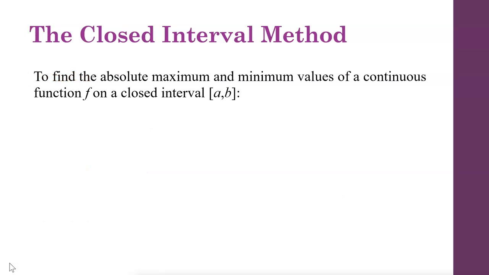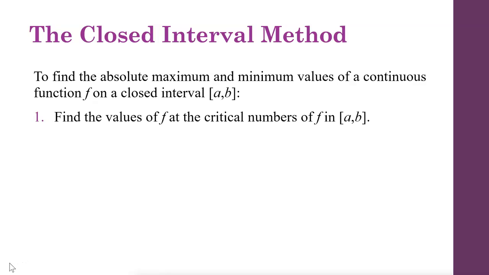So combining the extreme value theorem and Fermat's theorem gives us a method of trying to find the absolute maximum and minimum for a function on a closed interval. So in this method, the first thing we are going to do is find the derivative of our function and the critical numbers, and then evaluate our function at those critical numbers.